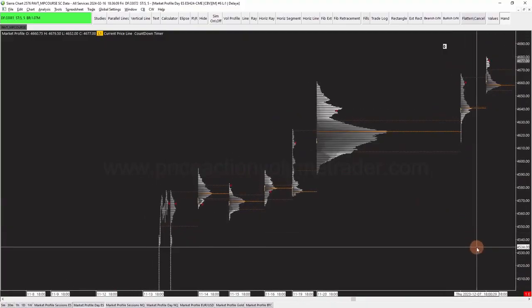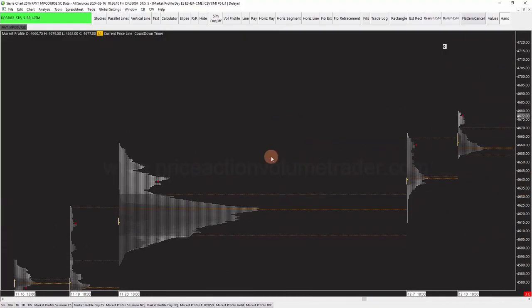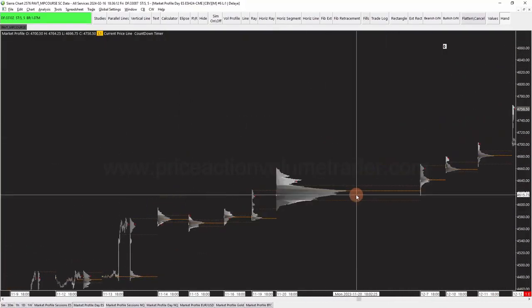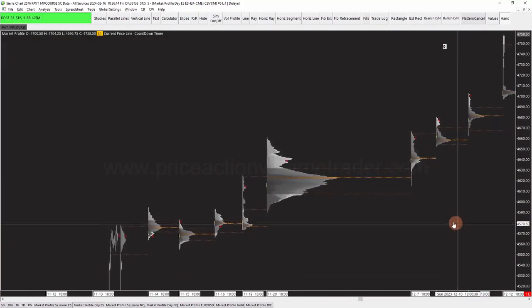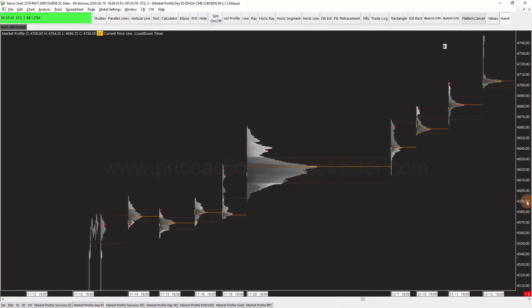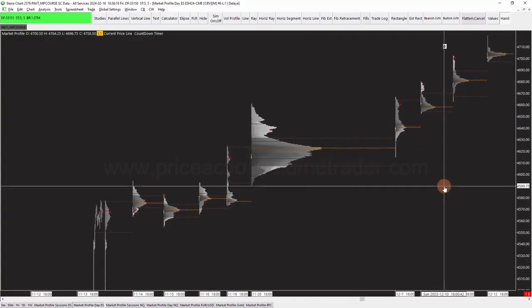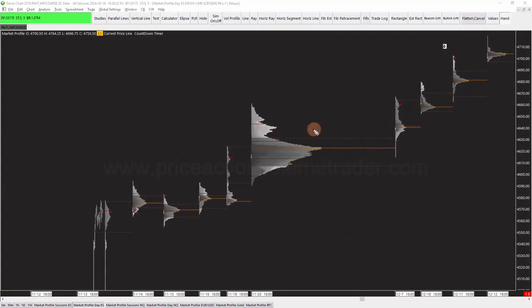So I'll just leave it right there. You can see how now we have this big fat TPO that is formed from about 8 trading days that we just merged. So we have a big node here in a valley area.